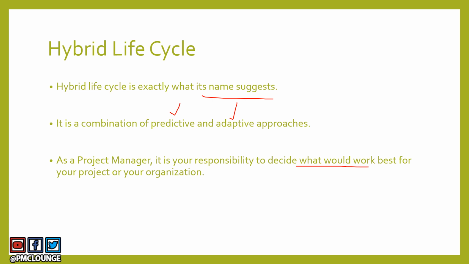Would predictive life cycle work best? Would iterative or incremental or some combination of these is going to work well for your project or your organization? As a project manager, you need to make that decision. You are the key player here in making this decision. So if you are looking for a combination of all these approaches, that is where you are looking at a hybrid life cycle.